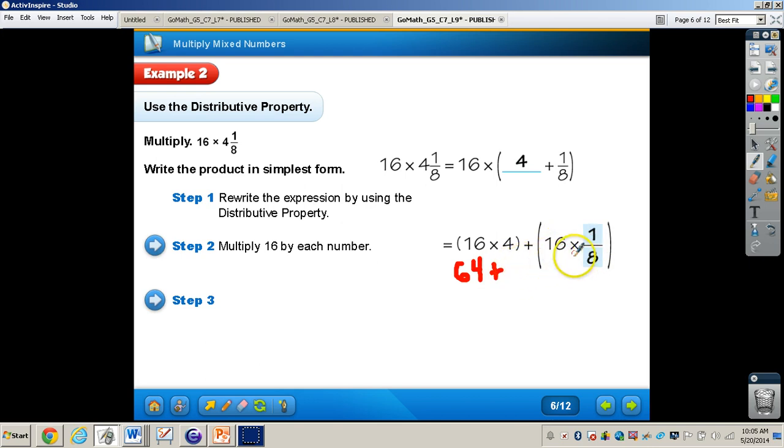So 16 times 1/8 is actually 16 over 8, equaling 2. Then from here, we have our 64 plus 2, which gives us 66. So you can see how we expanded that problem using the distributive property. So now we have 16 times 4 and 1/8 is 66.